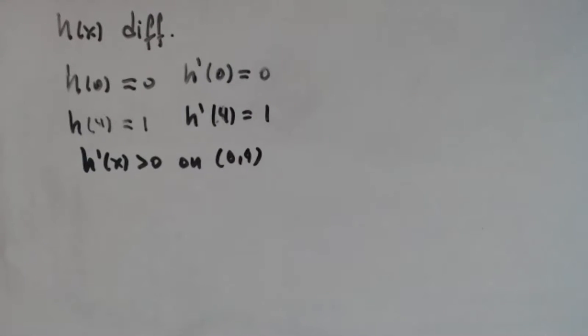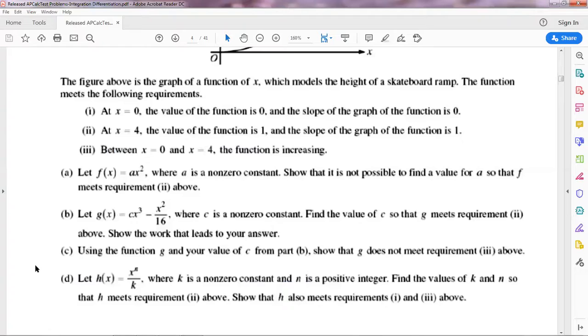Now we have to answer questions with this information. The first question is: let f of x equals ax squared, where a is a non-zero constant. Show that it's not possible to find a value for a so that f meets the requirements above. Okay, let's see.